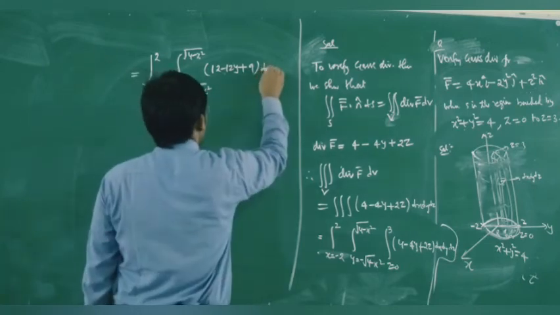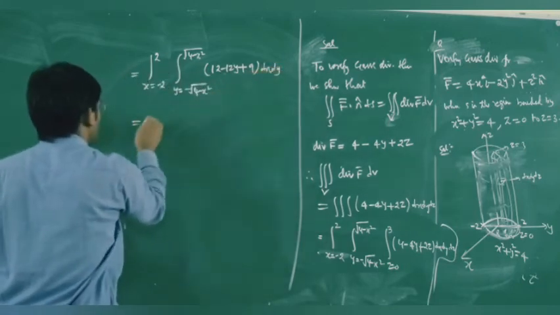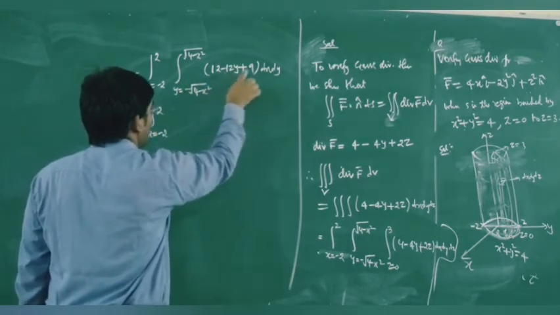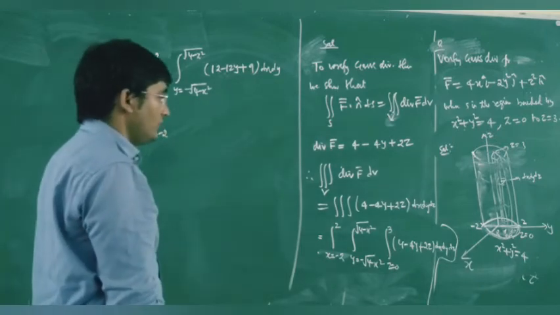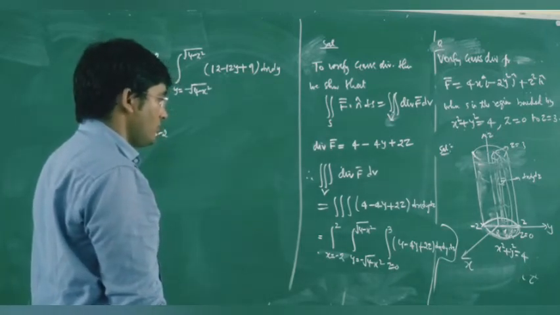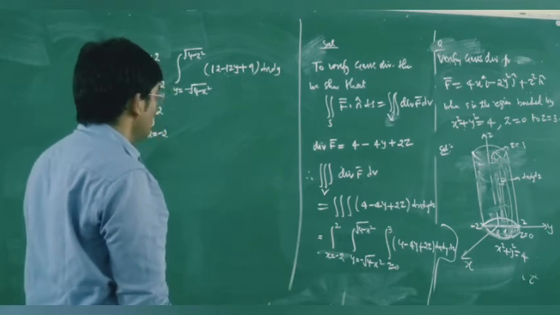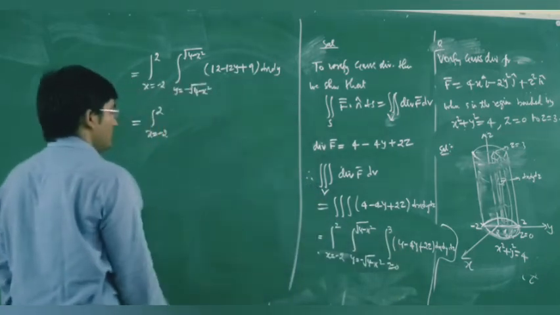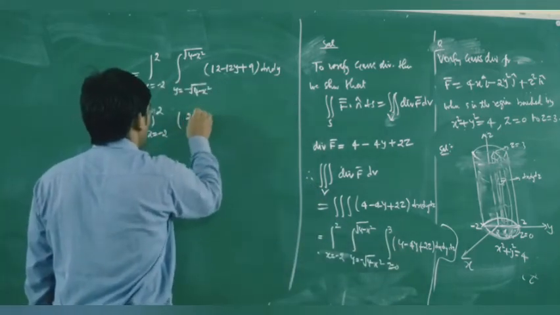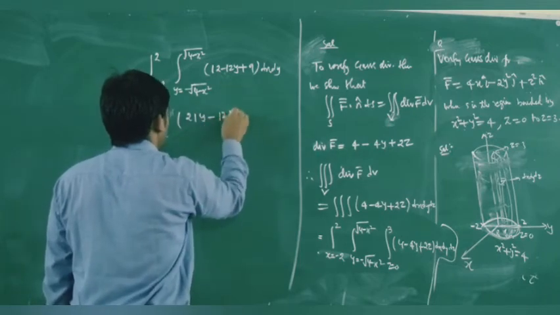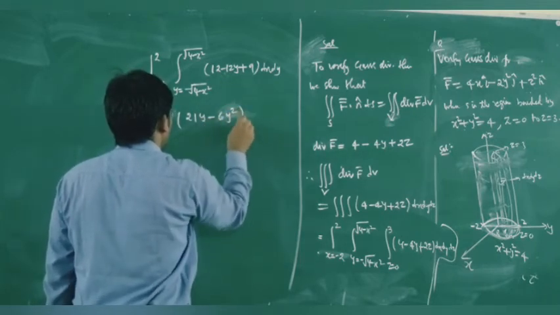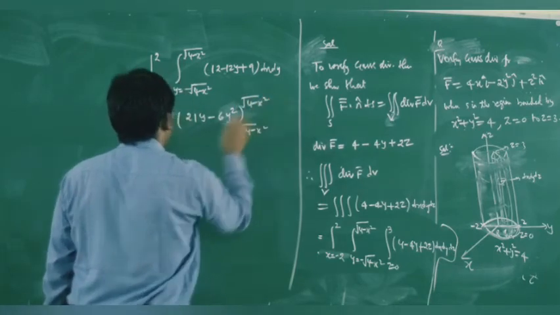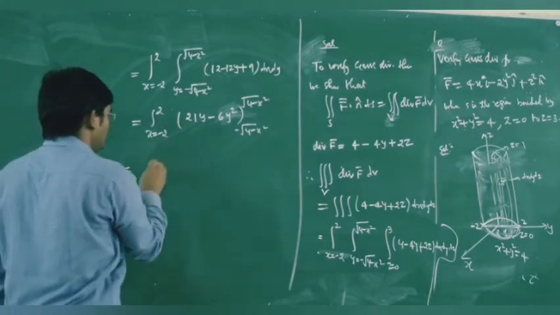And then integration with respect to y. Now 12 minus 12y plus 9 gives 21 into y, then minus 12y squared by 2, so this is your 6y squared, with y from minus root of 4 minus x squared to root of 4 minus x squared.